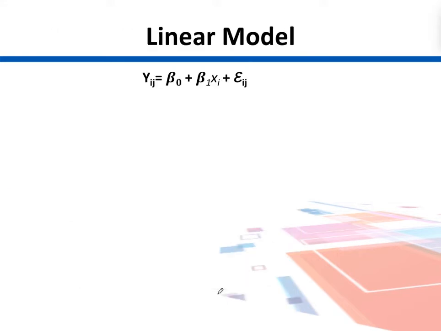Linear model: y_ij is equal to beta naught plus beta 1 x_i plus e_ij.